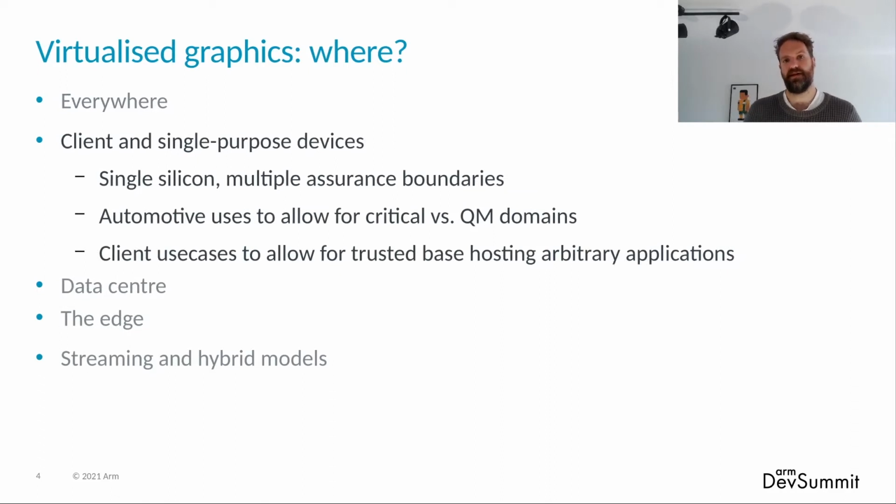If you look at the lower end in terms of capacity, on your client and your single purpose, what some people term embedded devices, we've got a much more complex model where we have single silicon, but multiple assurance domains and multiple boundaries within that.